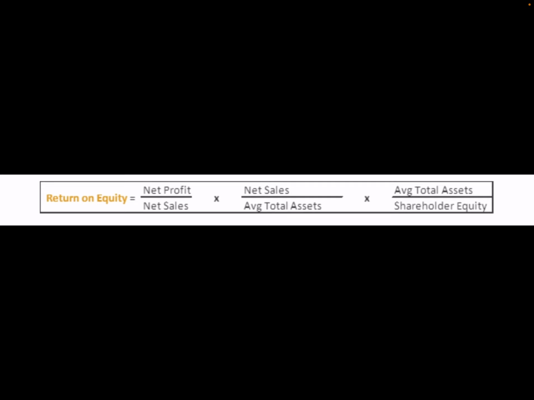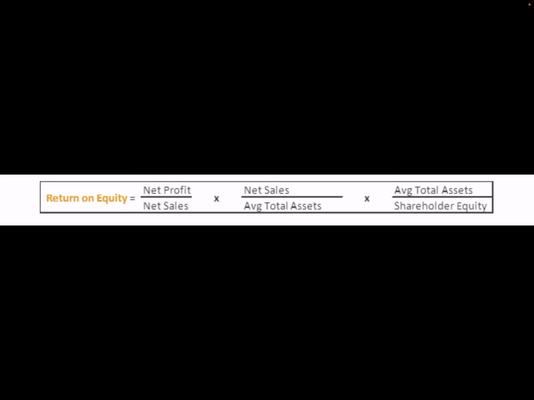As you can see, the DuPont model breaks down the ROE formula into three distinct components, with each component giving an insight into the company's operating and financial capabilities. Let us now proceed to implement the DuPont model to calculate Amara Raja's ROE for the year 2014.